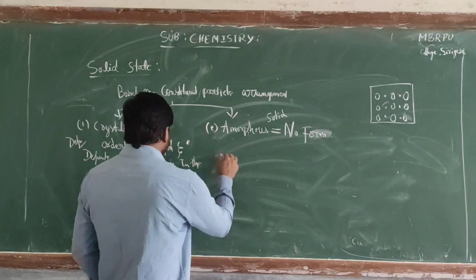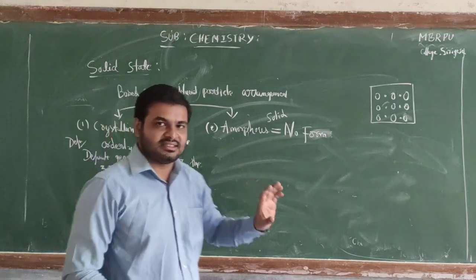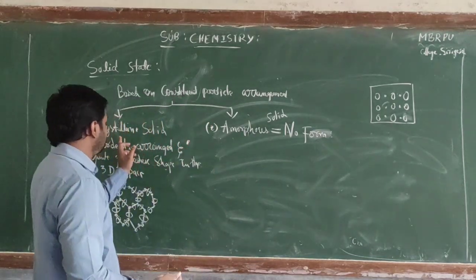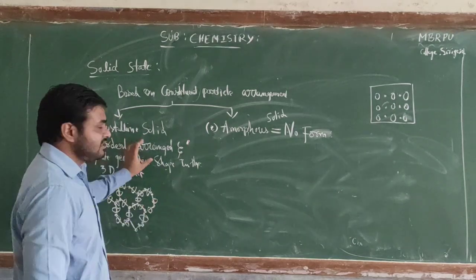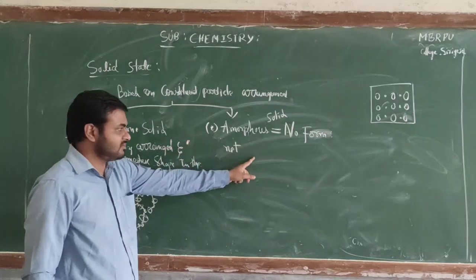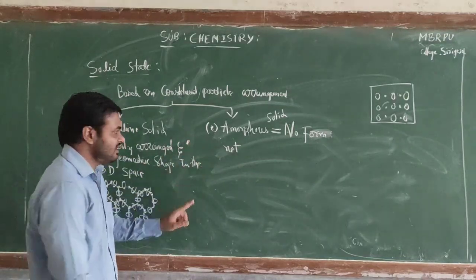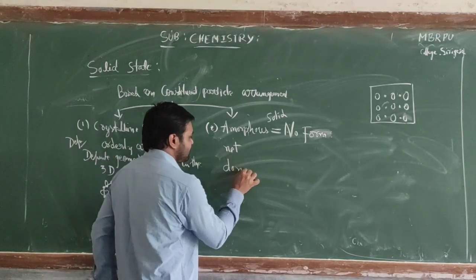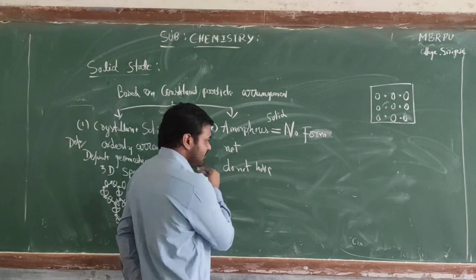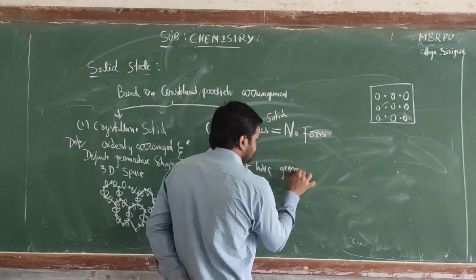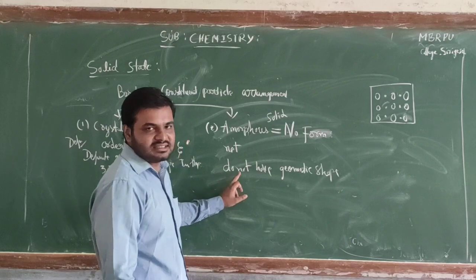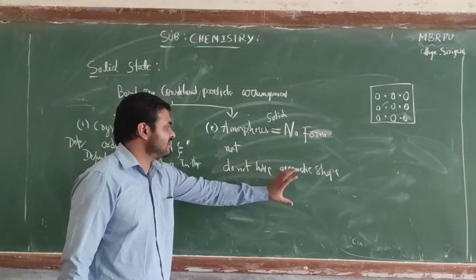Going to the amorphous solids. Amorphous solids are completely the reverse of the crystallines. This means they are not orderly arranged and do not have geometrical shape in 3D space. When we look there, we do not see any kind of geometrical shapes.